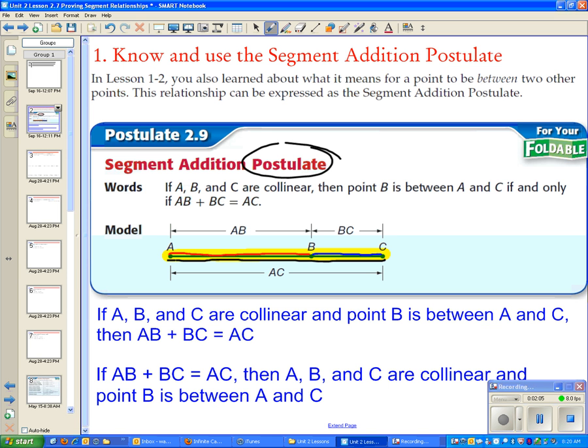In mathematics, a postulate, and they used to be called axioms, but that word's become out of use, and it's replaced with postulate. A postulate in math is something that is accepted as true without proof. Now, we're going to have a lot of postulates, because we're high school students, that can actually be proven. When we prove them, we call them theorems.